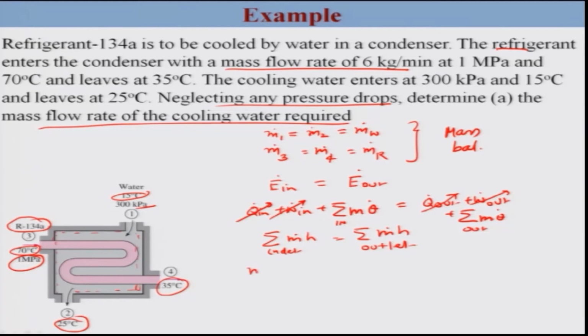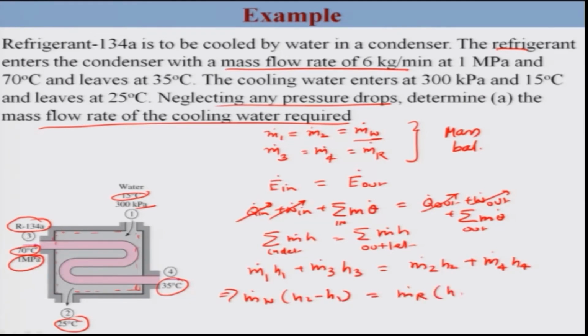So, we can write M1 H1 plus M3 H3, this is the same as M2 H2 plus M4 H4. Now, M1 is equal to M2, which we are calling MW. So, we can take the common terms and rewrite this energy balance in this form.